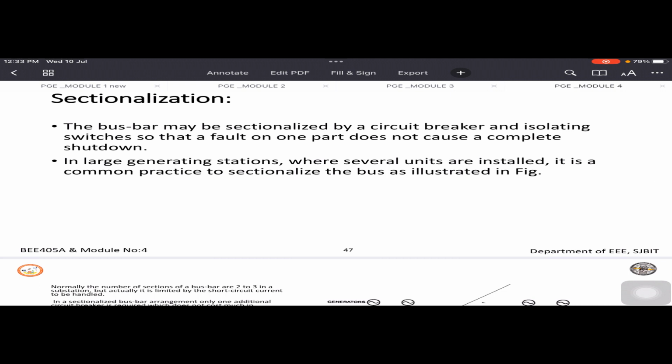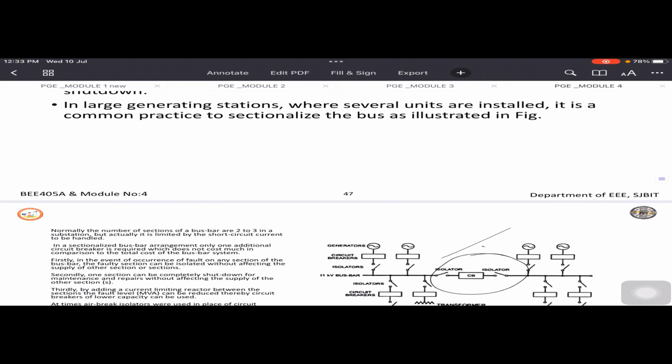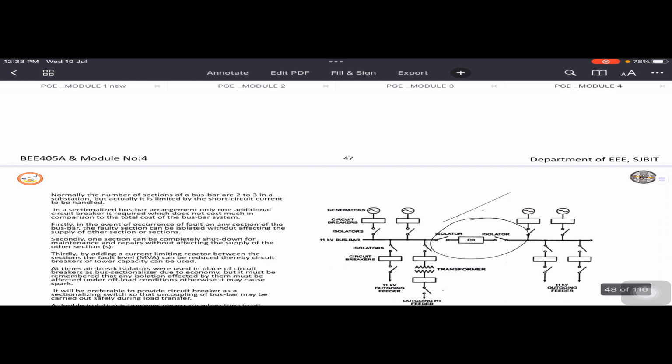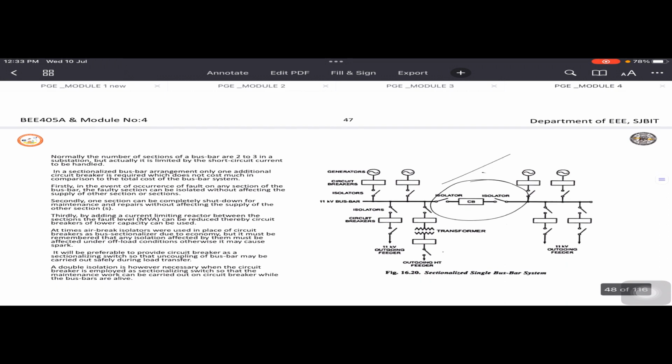By isolating or dividing the bus bar into sections, a complete shutdown of the bus bar need not happen. If something goes wrong in the first section with 2 generators, you can isolate this part completely and the other 2 will keep running. This is the major advantage of the sectionalized single bus system. The number of sections can be 2 or 3; here we have divided into only one section.